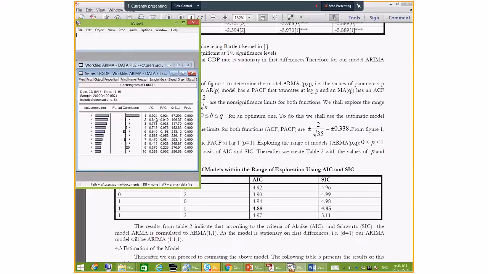The AC value is higher up to the 10th lag. PAC up to the, let's see.